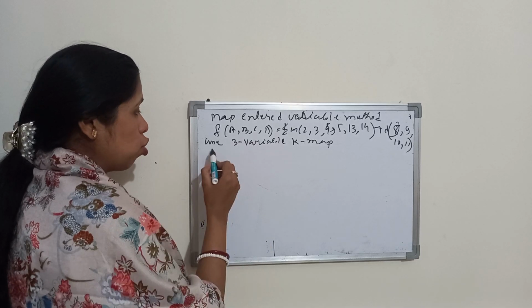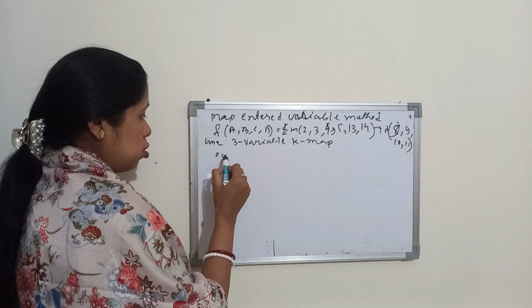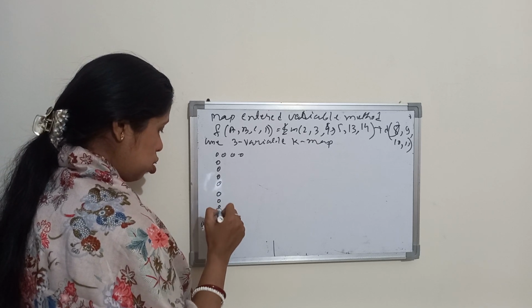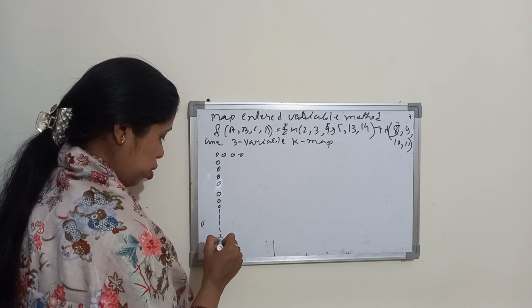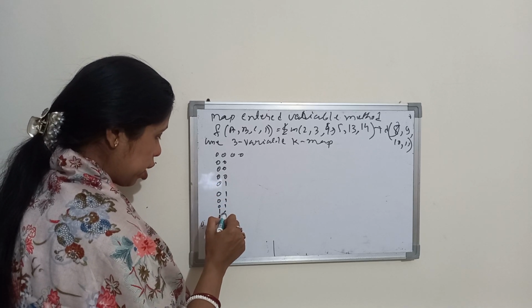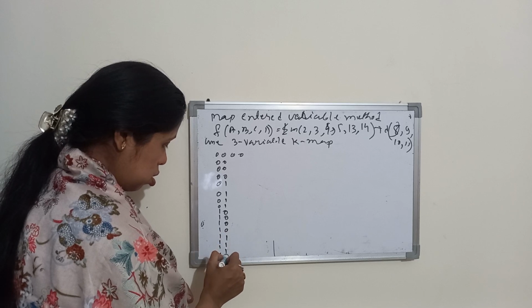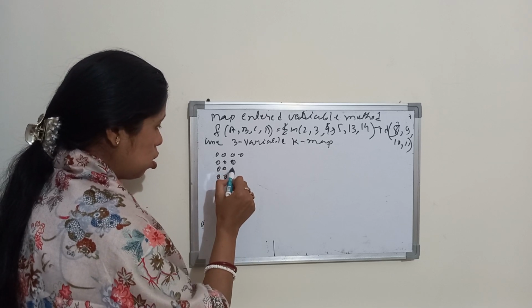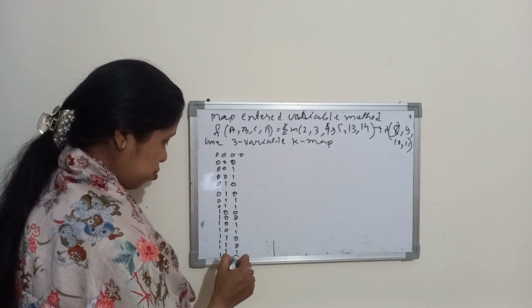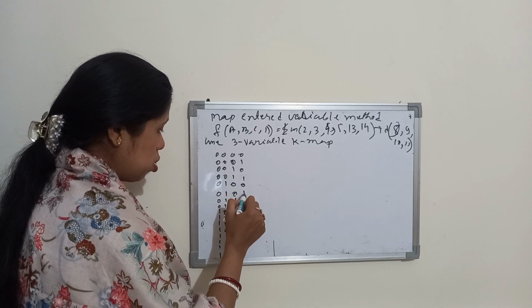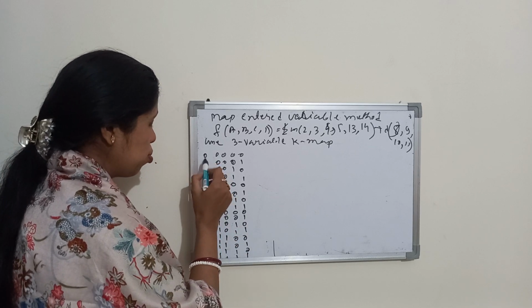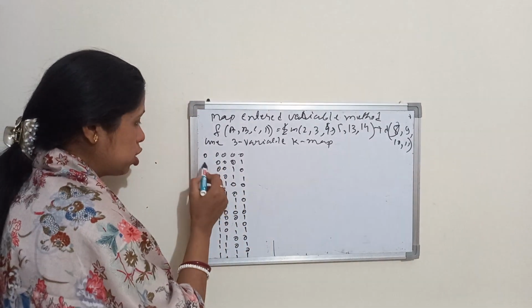First I am writing all the combinations here, 0, 0, 1, 1, like this way, which will be easy for using the K-map.